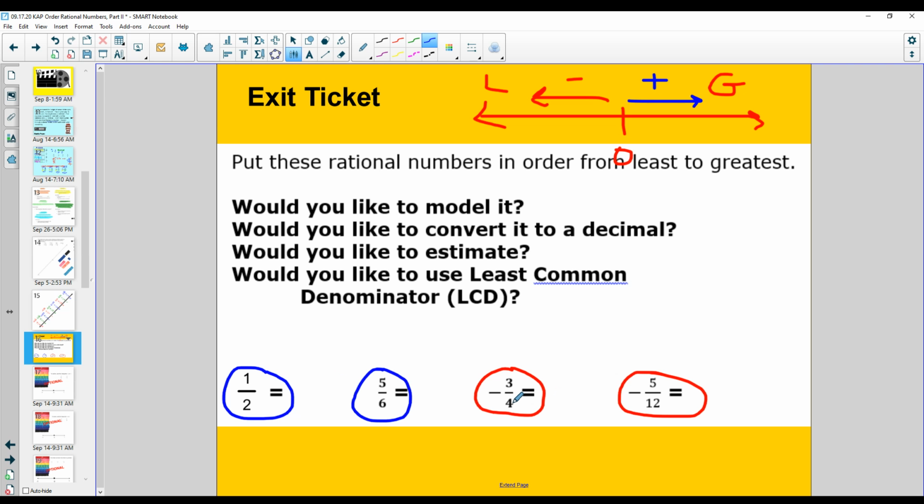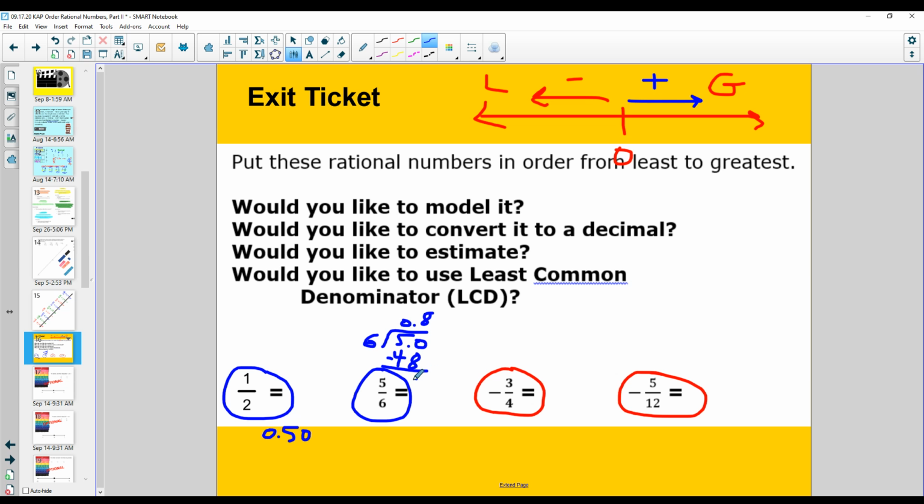So one way we could do it is turn them into decimals. So 1 divided by 2 is 0.5. Think of half of a dollar, 50 cents. 5 divided by 6: 6 goes into 50 8 times, that's 48.